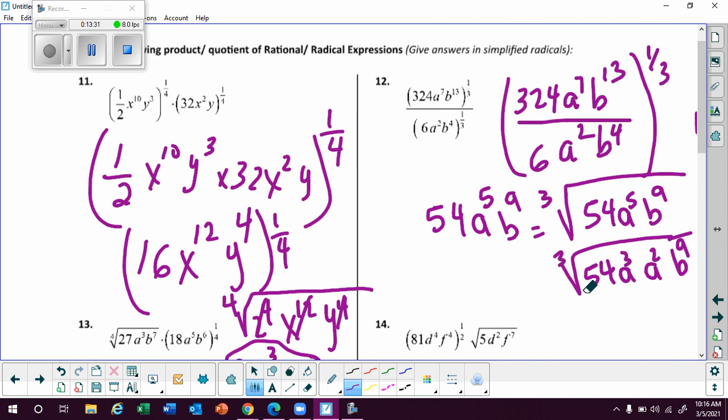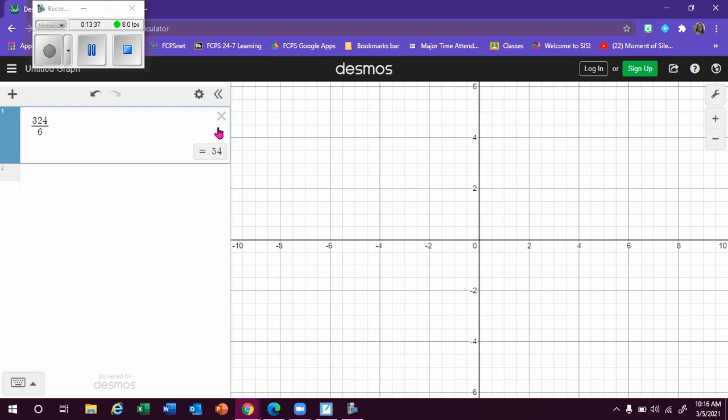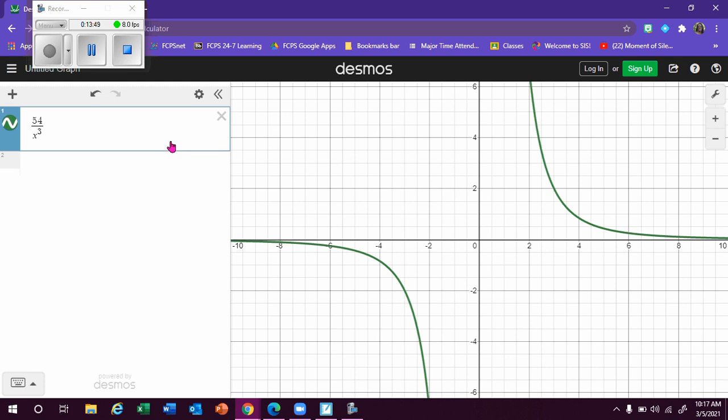But this is a cube root, and I haven't figured out if 54 can be factored. So let's go to Desmos and try 54. I want to know if 54 can be factored out with x to the power of 3.